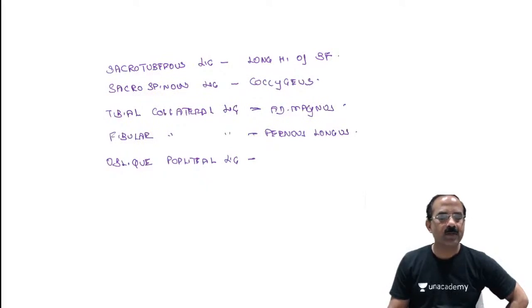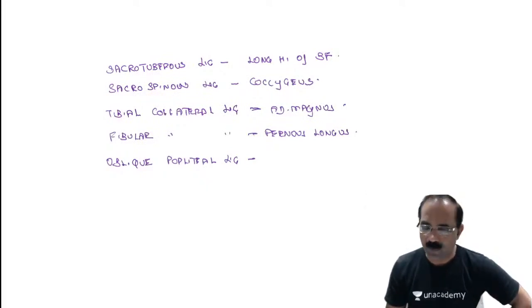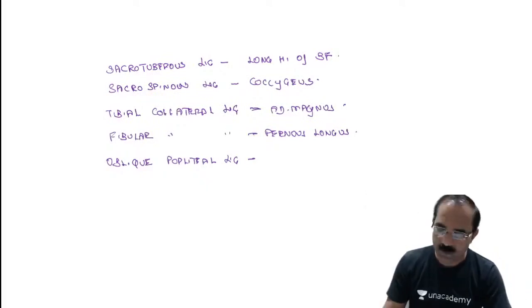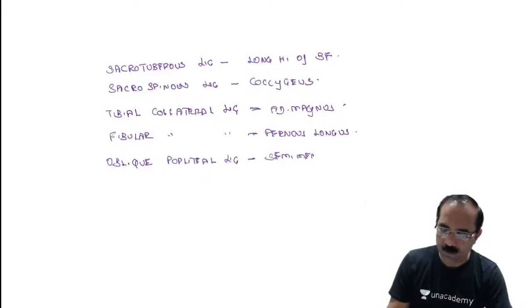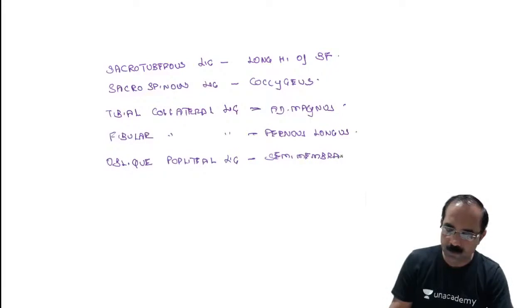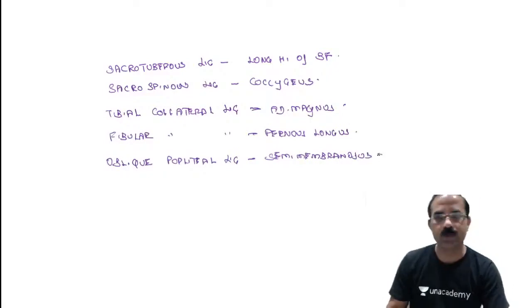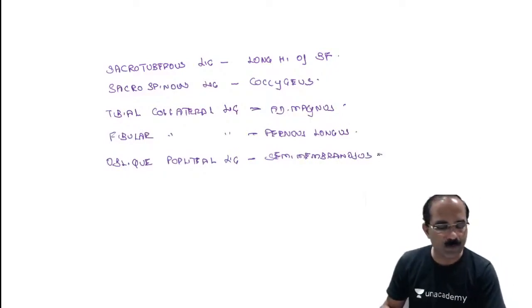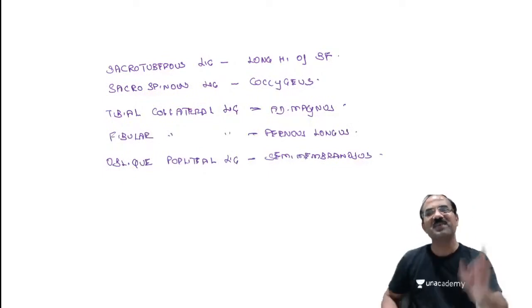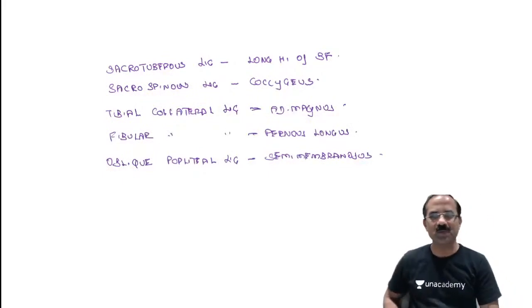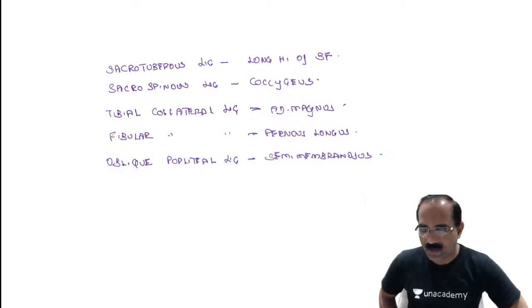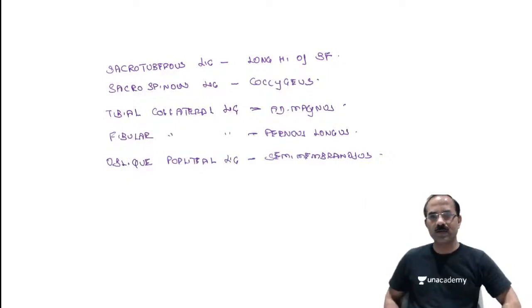Semimembranosus muscle. Very good. It's not popliteus, Shreyans. That's a very common answer. Oblique popliteal ligament is a degenerated part of semimembranosus muscle. Okay, clear to all of you?